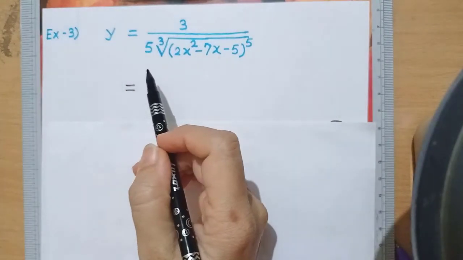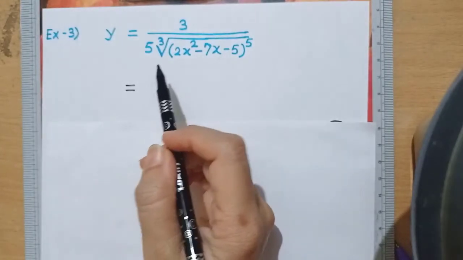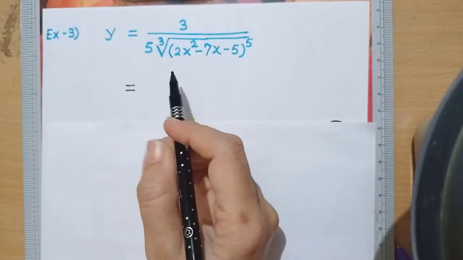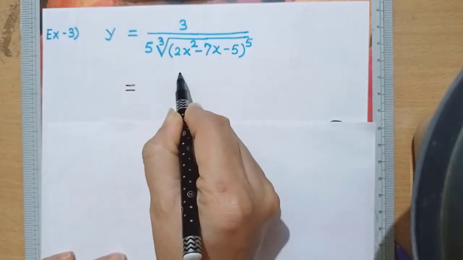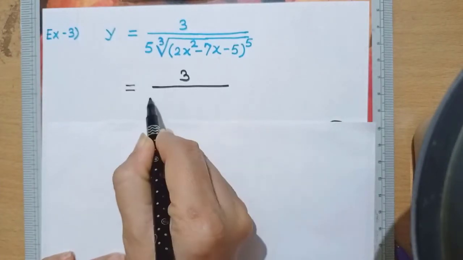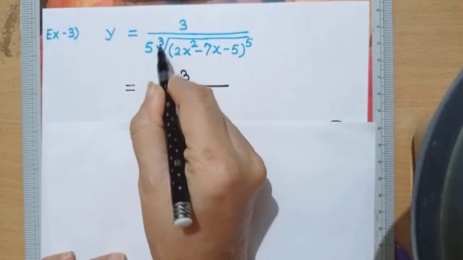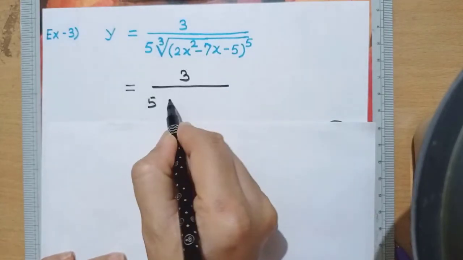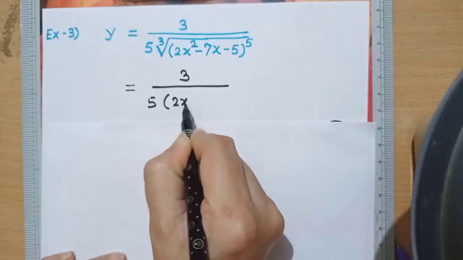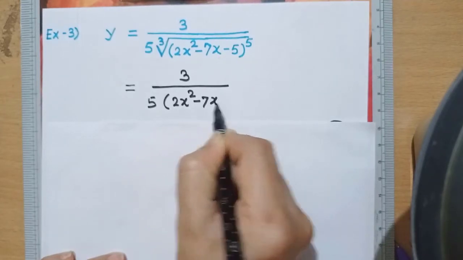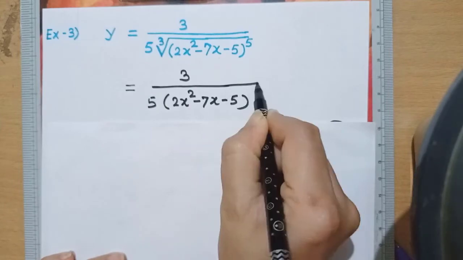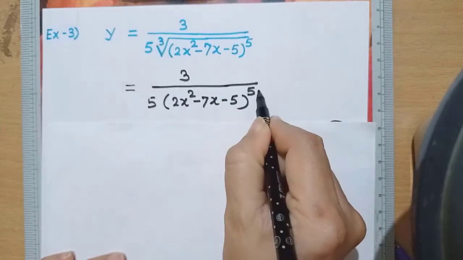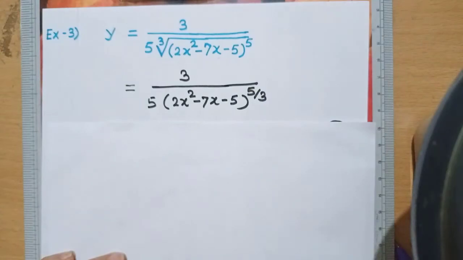Now let's solve this example. First we will simplify this function, and so this is 3 upon 5 and the cube root of this bracket raised to 5. This we will write as 2x square minus 7x minus 5 raised to 5, and this cube root means raised to 1 upon 3.